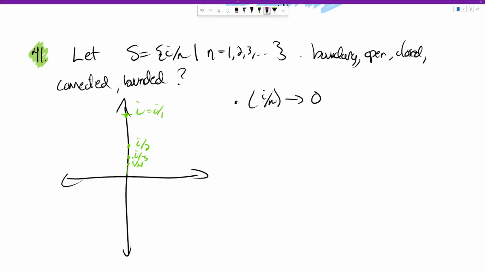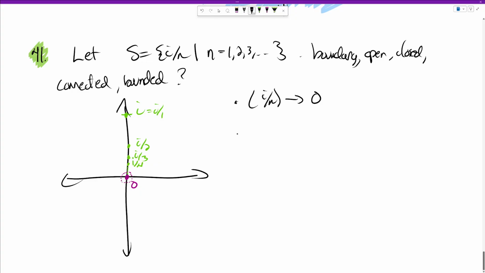However, there is this point here, 0. And no matter how much we zoom in to 0, there's always going to be points that are not green and points that are green. In fact, there will always be an infinite number of green points and an infinite number of non-green points.